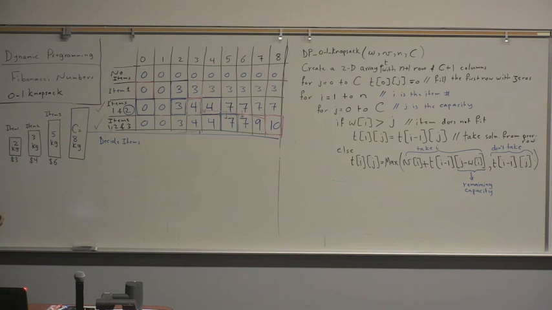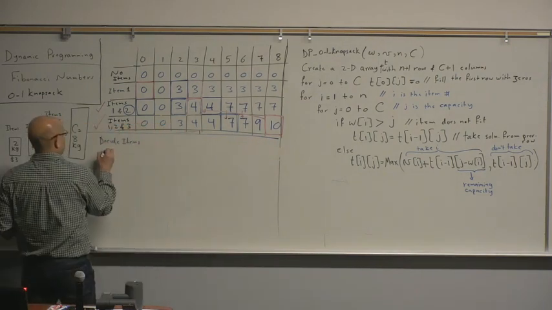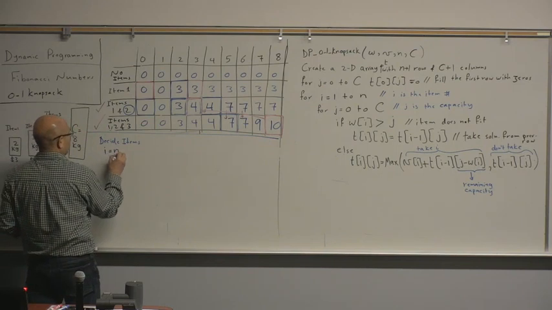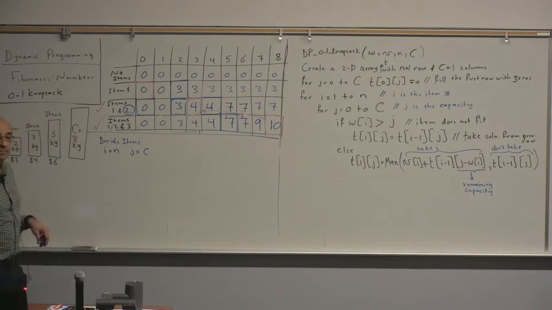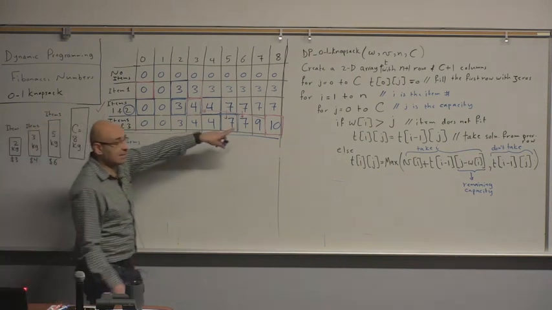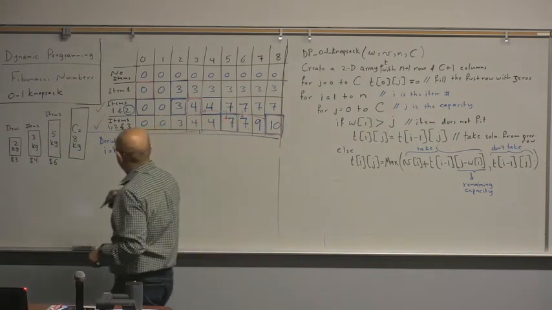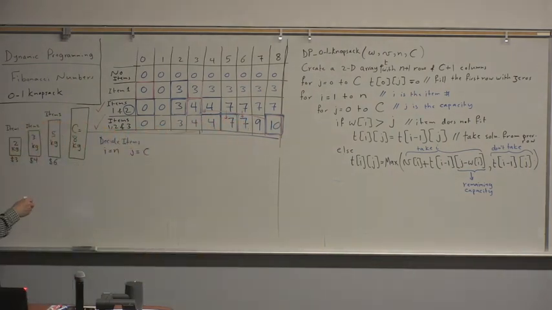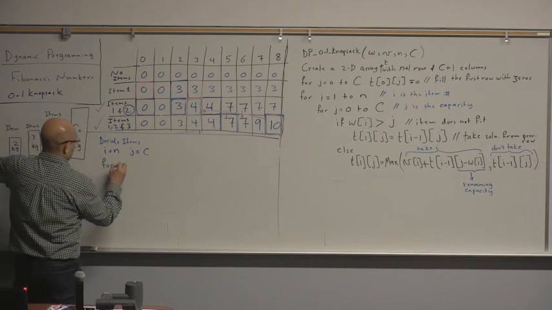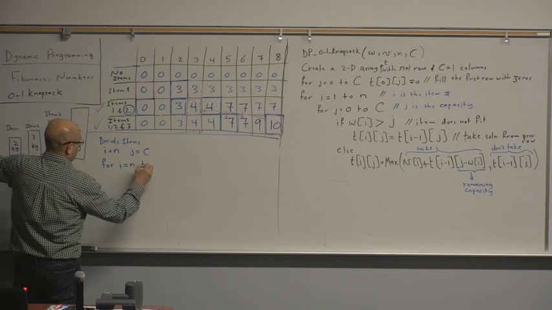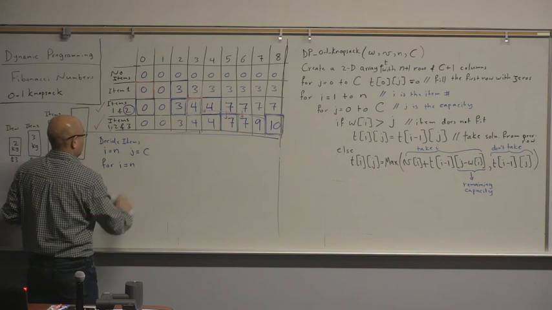In decide items, we start from I equals n and j equals c, the last square. And we go for I equals n down to 1, to emphasize that we're going down.